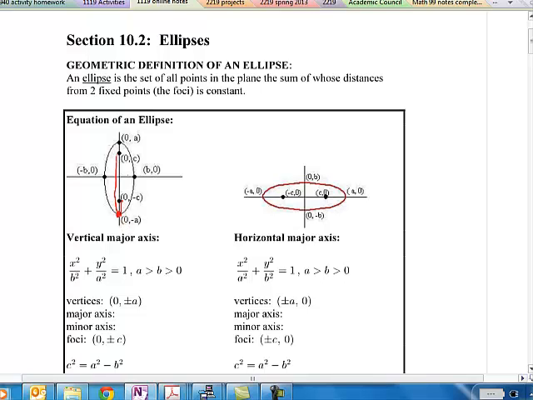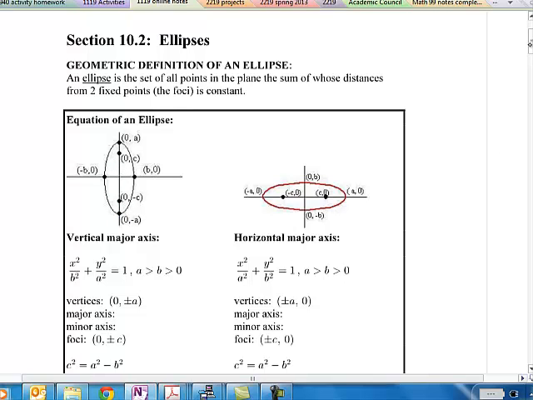So the sum of those lengths, if these coordinates are a and negative a, that total length should be 2a, and it has to be the same for any point in that ellipse.